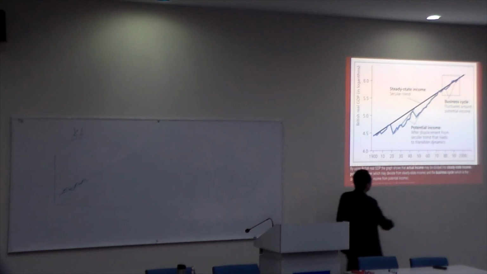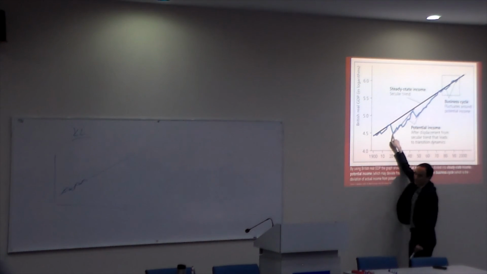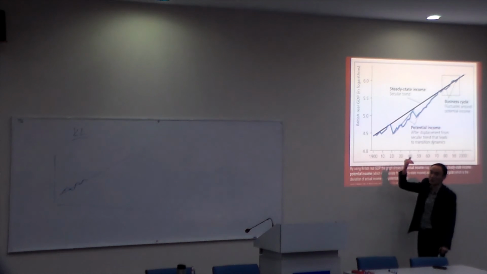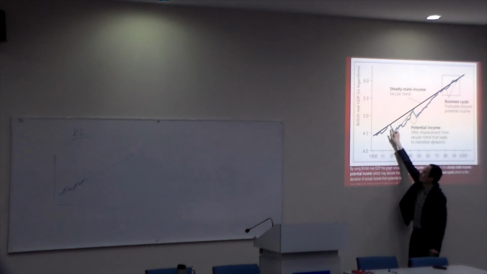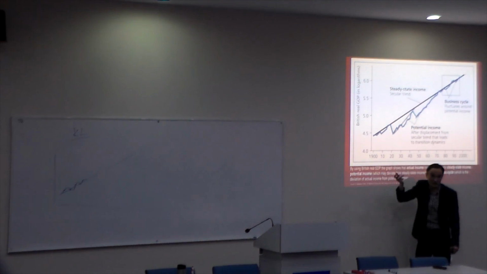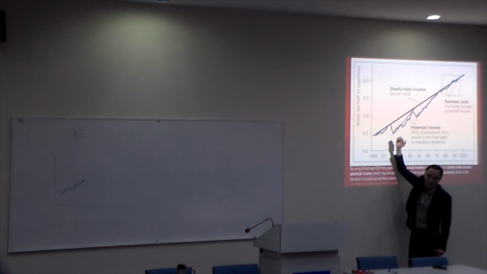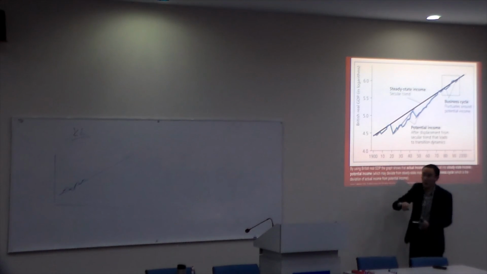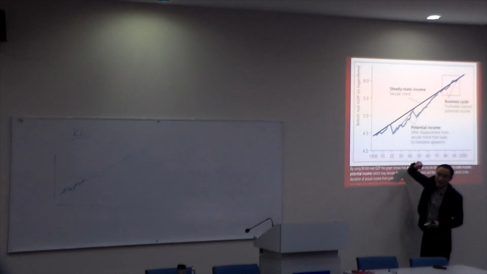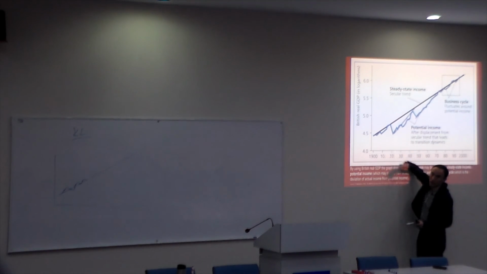So when that war happened, both capital and labor were destroyed. With less capital and less labor available, the economy is not able to fluctuate within the previous steady state income level, because the capital is not at its previous level. Therefore, with less capital and less labor, the long run growth path is going to be different.